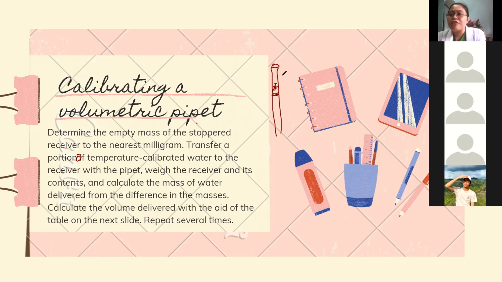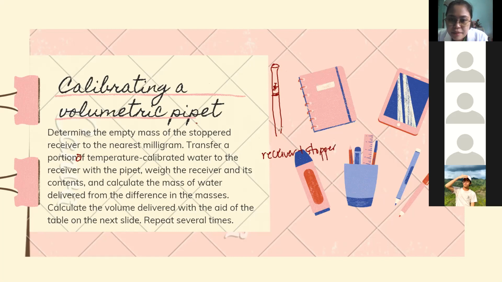And then, after nimo ma-transfer from the pipette to the receiver, you weigh the receiver again and its content. So, kagaina, ang first nato nga gi-weigh is the receiver only plus the stopper.